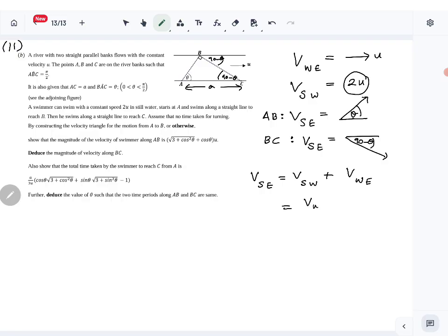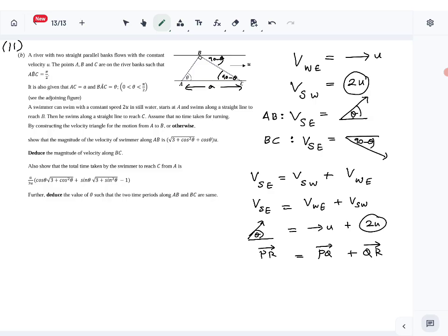So this is theta angle, this is u plus 2u, where we don't know the direction, only the magnitude. Let me take this as PQ plus QR, so this is PR. PR is the length we need to find in our velocity triangle. We want the magnitude of the swimmer's velocity along AB, so this is for AB.